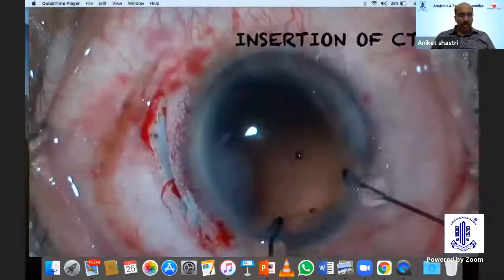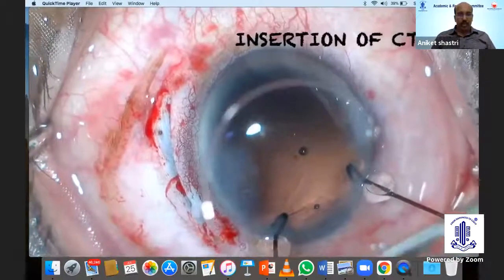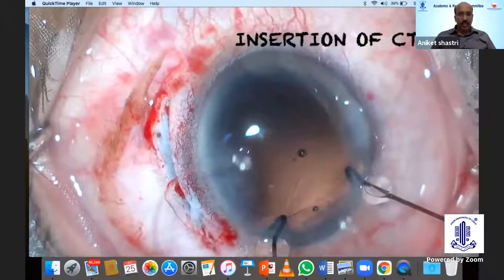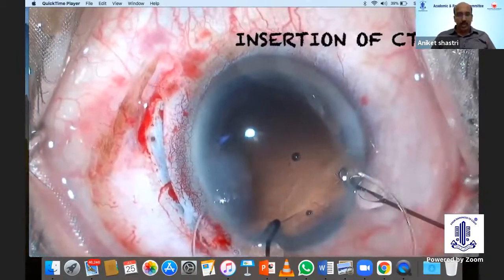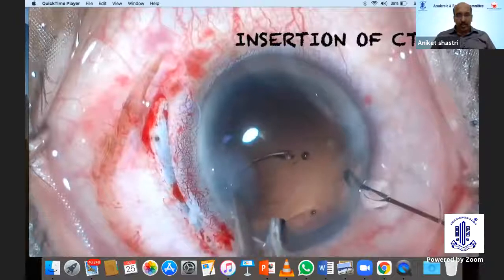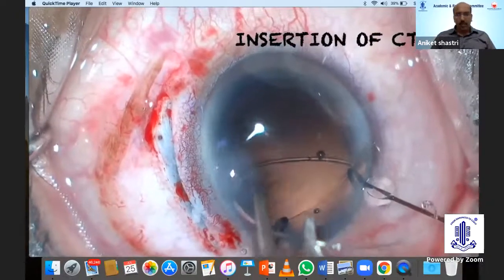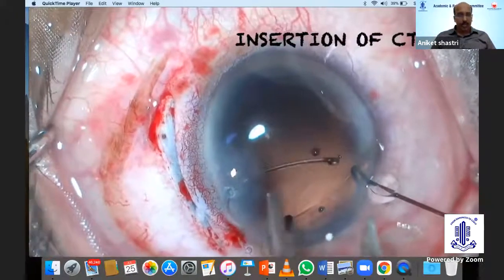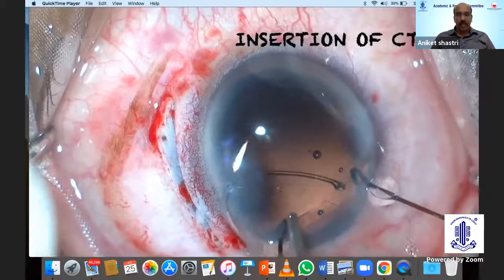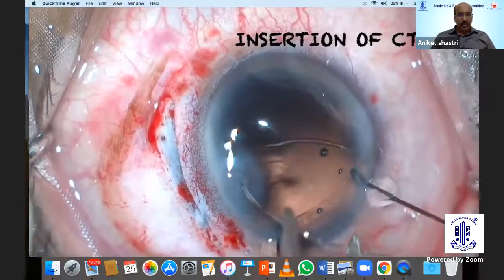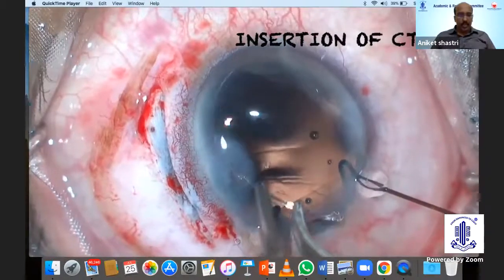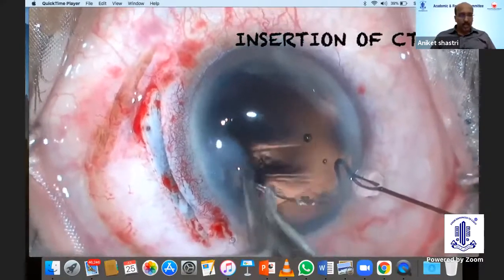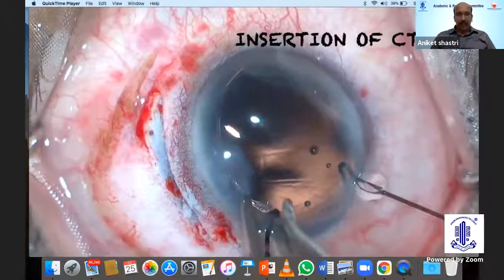was less than 3 clock hours and temporal, we planned a CTR insertion to fix the bag, and the CTR was inserted manually. It was entered from a side port opposite the area of zonular dehiscence, so that when it enters the bag, it first stabilizes the part of the zonular dehiscence, and then it is gradually rotated into the bag.